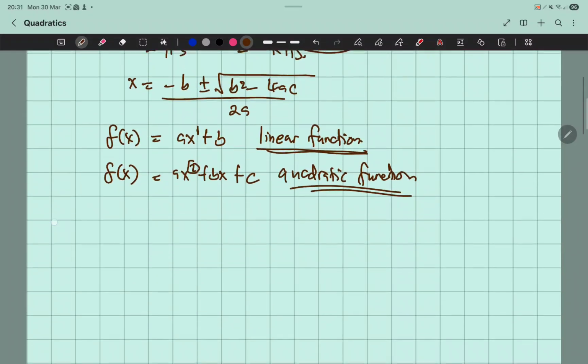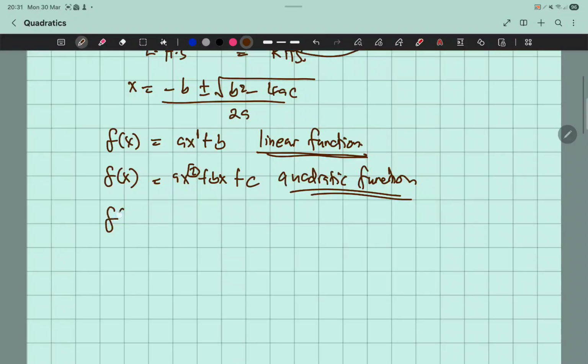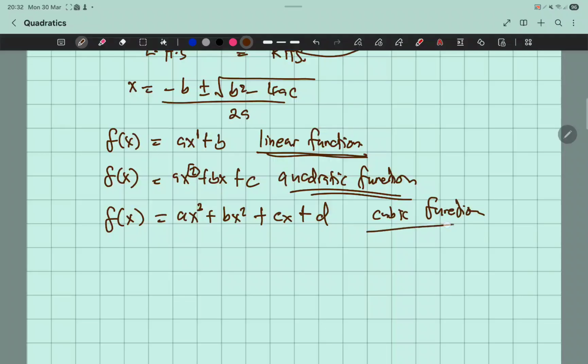Right. Then if the function of x is equal to ax to the power 3 plus bx squared plus cx plus d, the highest power is 3. Therefore, it's known as a cubic function. Right.